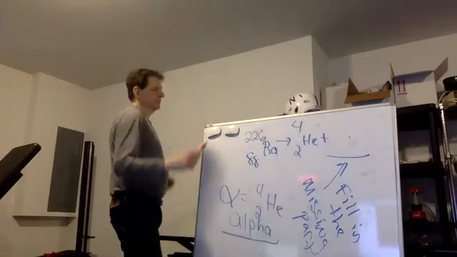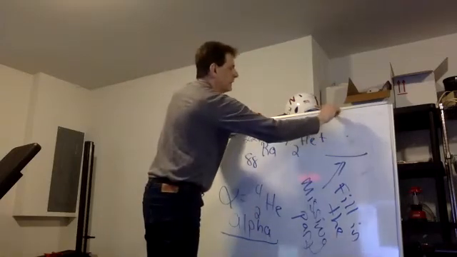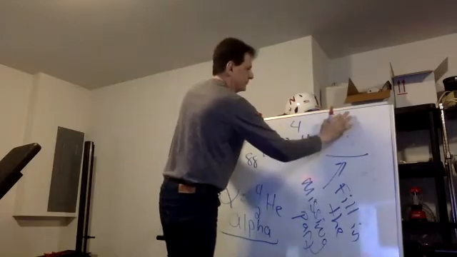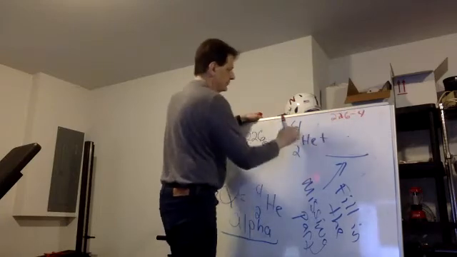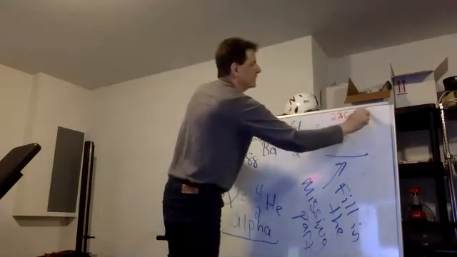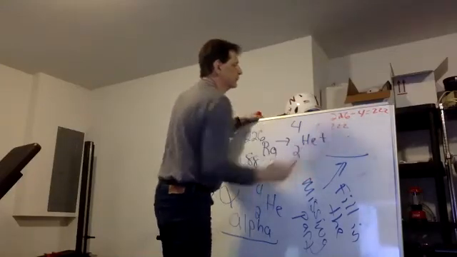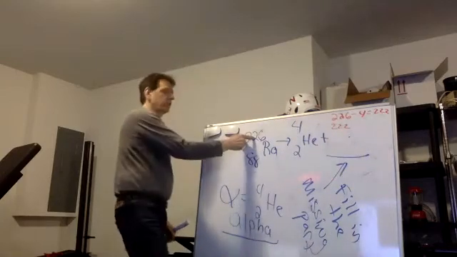So you take 226 and subtract out what you've got: 226 minus 4 is 222. You write that as the top number, 222, because 222 plus 4 equals 226.